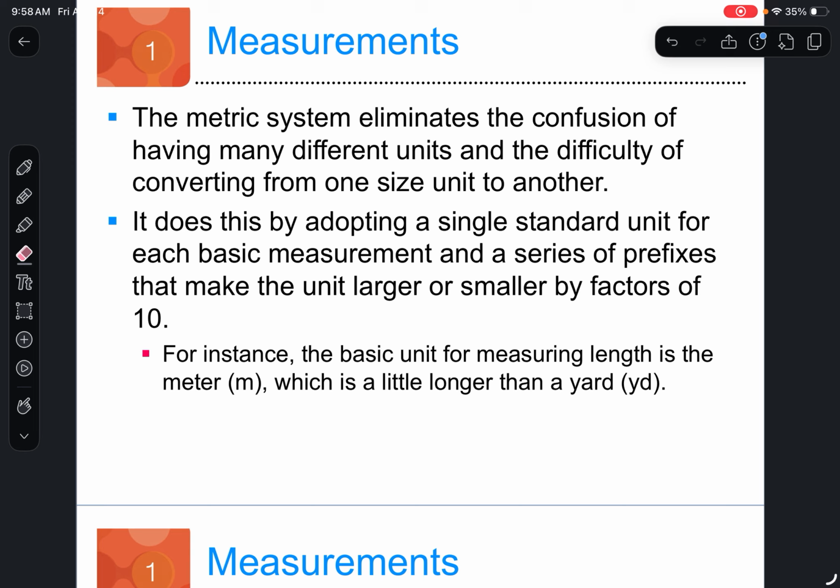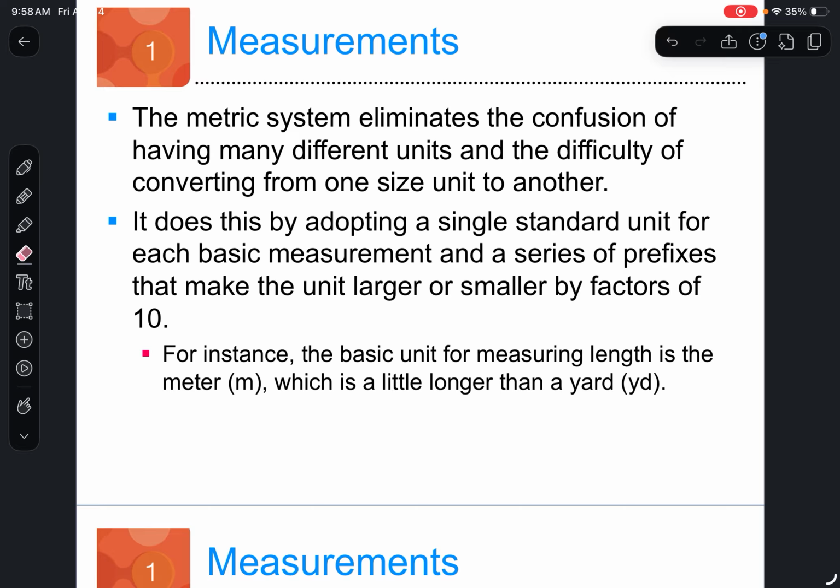By adopting a single standard for units, each basic measurement and a series of prefixes make the units larger or smaller by factors of 10. So it really makes it easy when you're going between the different units in the metric system because of that factor of 10.